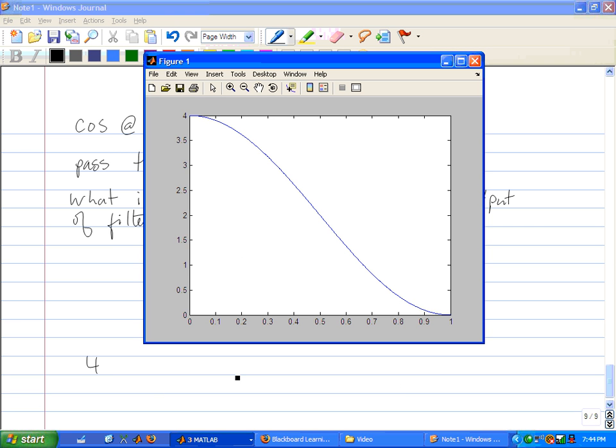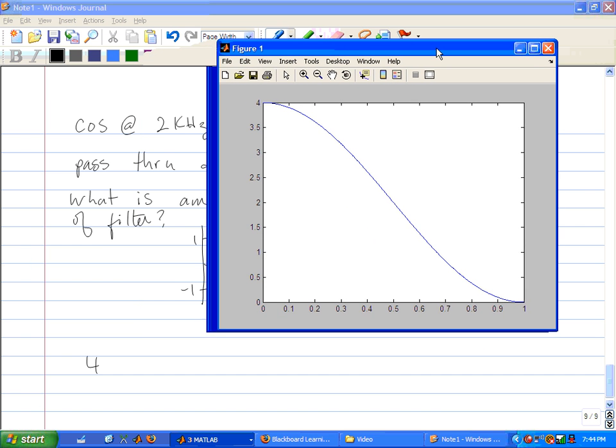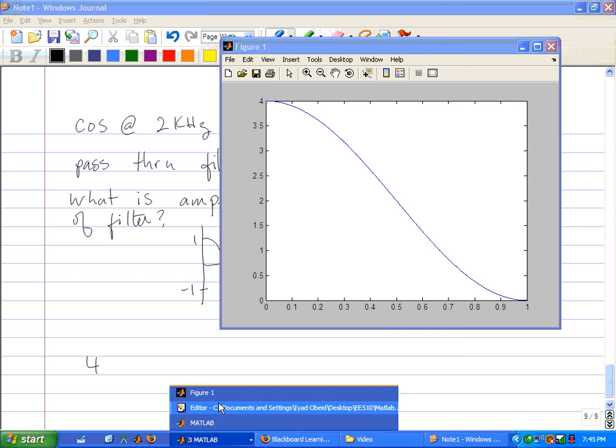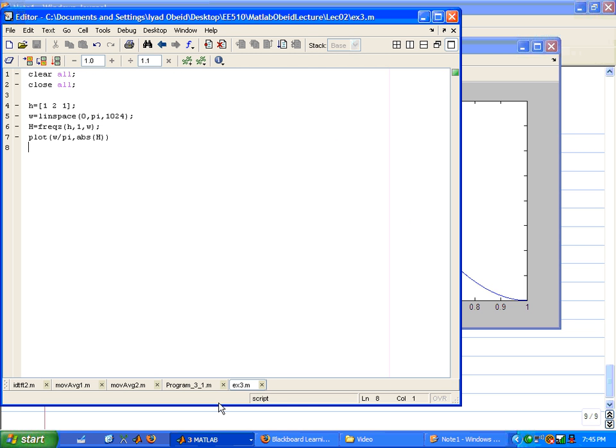So here's our signal. Remember, this signal represents the gain at all the different frequencies we could have. Let me label it while you're thinking about it. I'll put a label, X label.